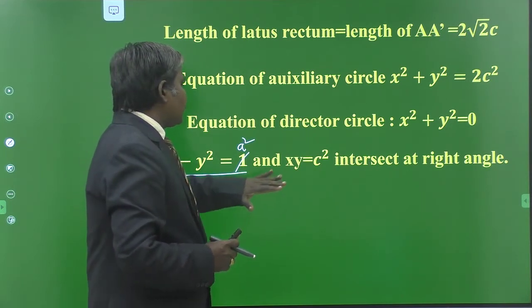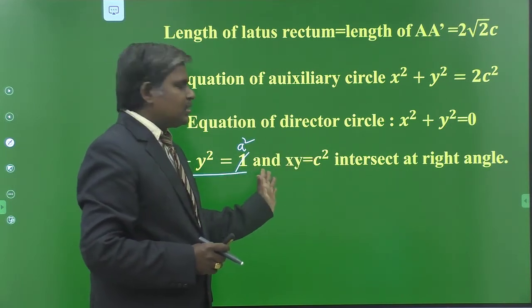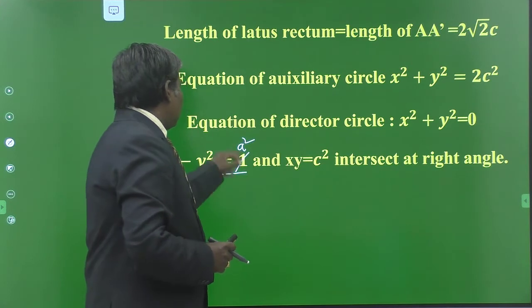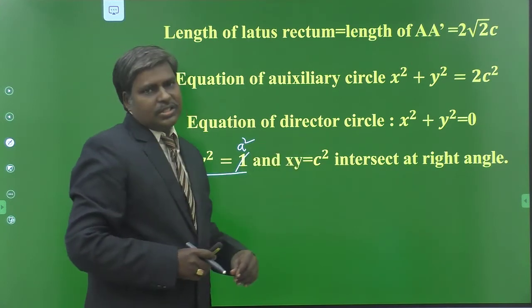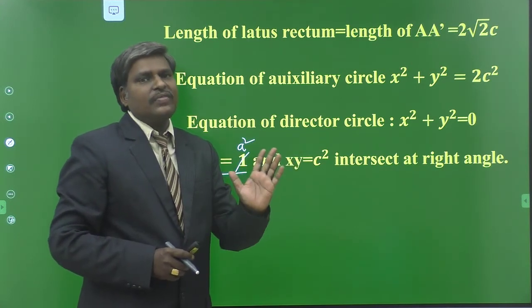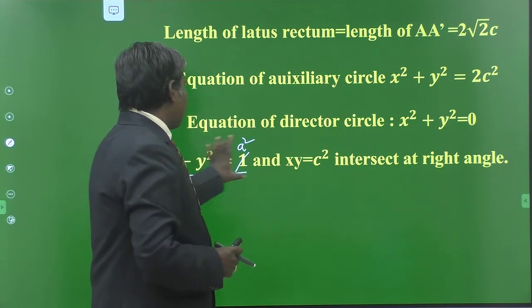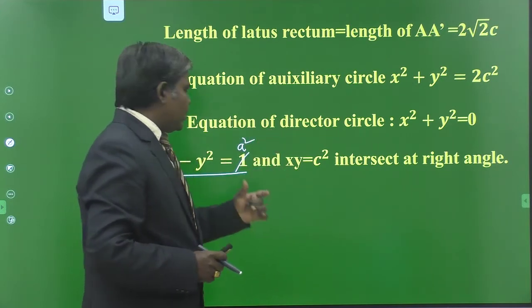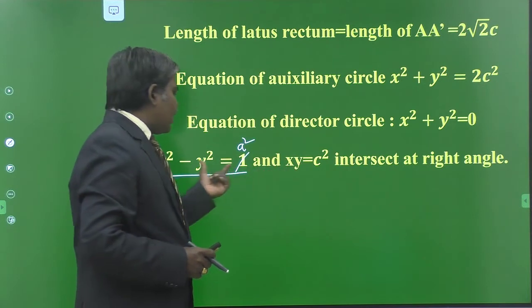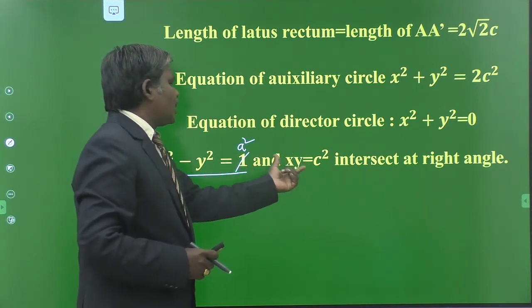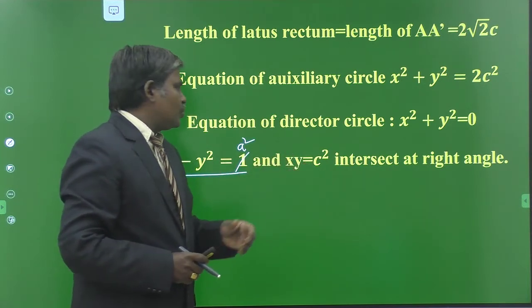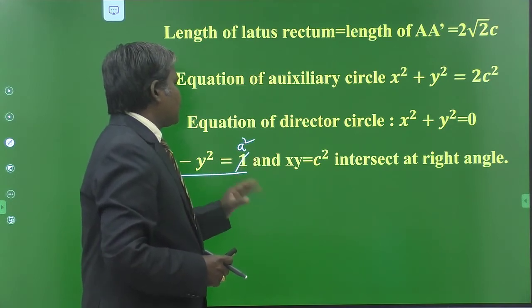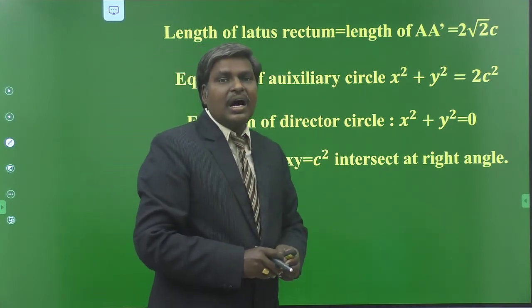If you rotate the axis by 45 degrees, we obtain xy equals c square. So on rotation of the axis by 45 degrees, we obtain two curves, one old and the other new, and the angle between the two curves is 90 degrees. So we say that they cut orthogonally.